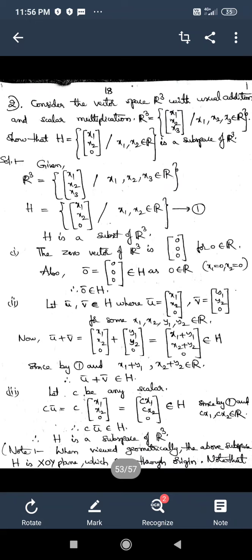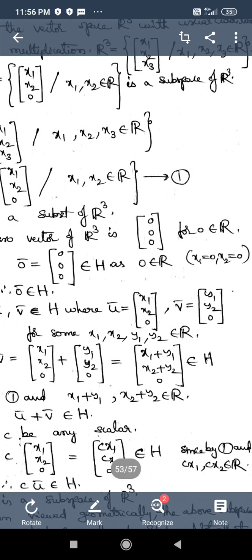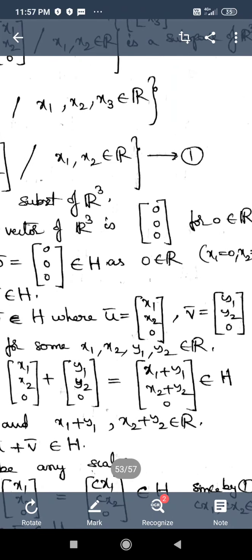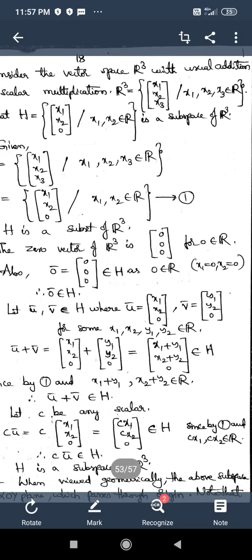Here I am taking u bar as x1, x2, 0 and v bar as y1, y2, 0, and here we can see in both the vectors u bar and v bar, the third entry is 0, and the first two entries from both the vectors are real numbers, that is x1, x2, y1, y2 all are real numbers.